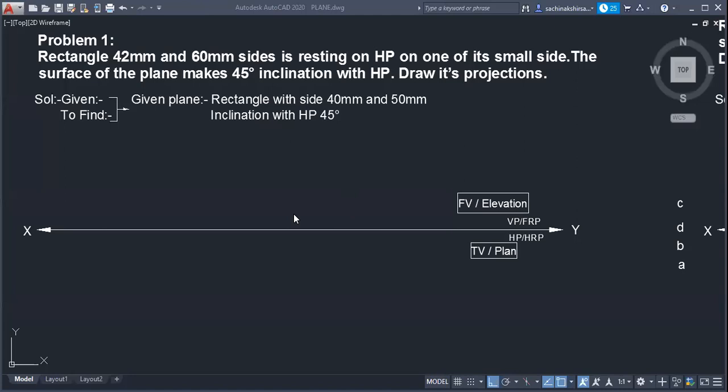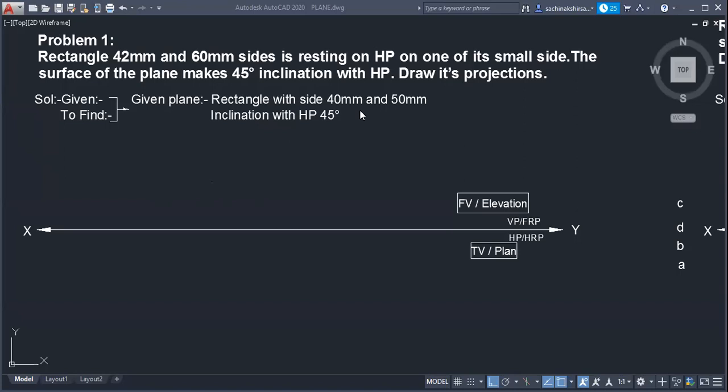Here a rectangle is mentioned, and the word surface is used. One rectangle is there, with its smaller side 42 mm and larger side 60 mm.